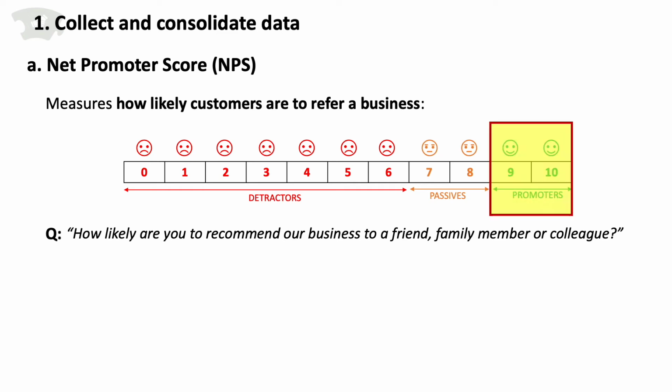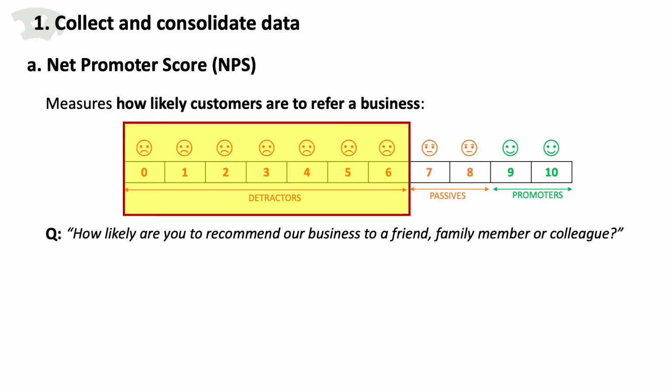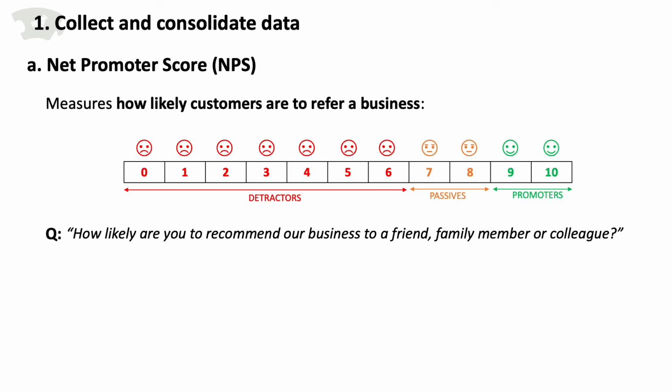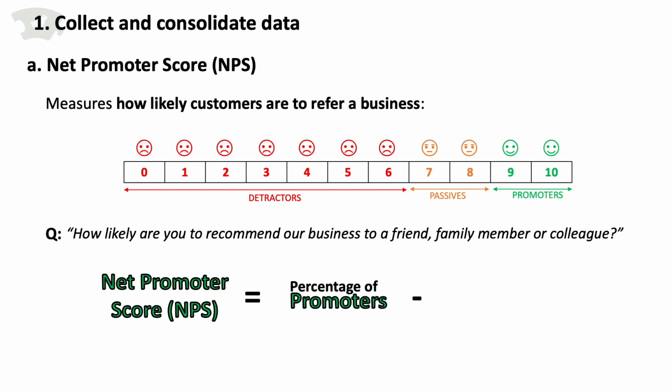Promoters are those customers with responses of either 9 or 10. Passives have responses of either 7 or 8, while detractors are responses between 0 and 6. The Net Promoter Score is thereafter computed as the percentage of promoters minus the percentage of detractors.